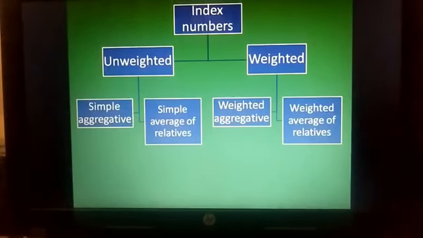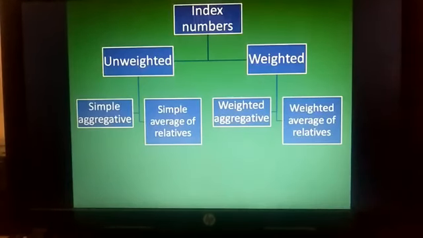The problem solving part is very much based on this bifurcation. We will come across many more formulas, weighted, unweighted, sometimes simple aggregative, sometimes weighted average of relatives. In all those ways we will come across different concepts in problem solving, so try to understand this bifurcation very clearly.